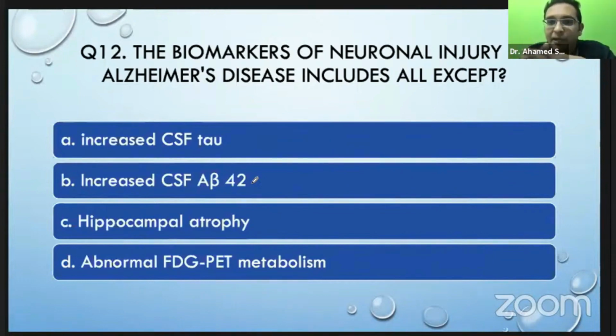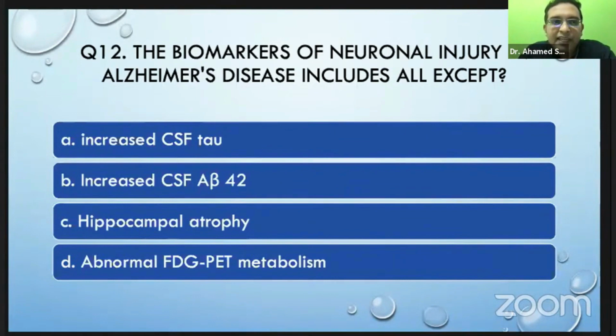What we actually see in Alzheimer's disease is the ratio of A beta 42 versus A beta 40. CSF tau is increased, as we had seen. Hippocampal atrophy is the net result of all the cells dying, and because the cells are dying, on MRI or FDG PET we get hypometabolism.